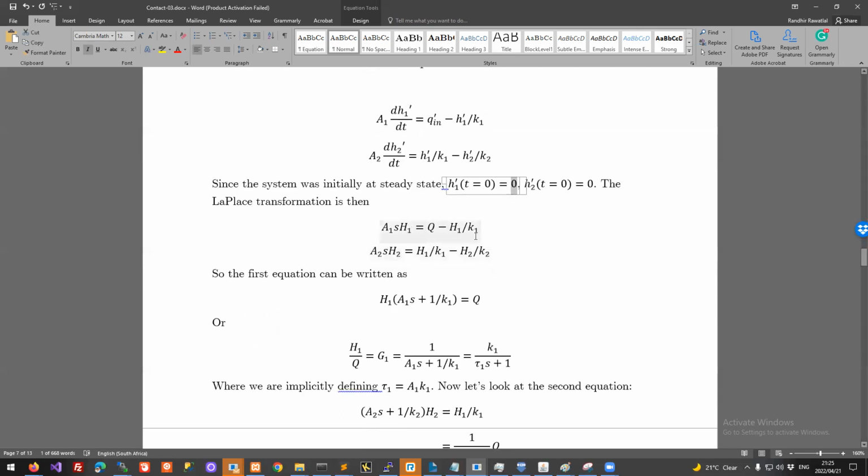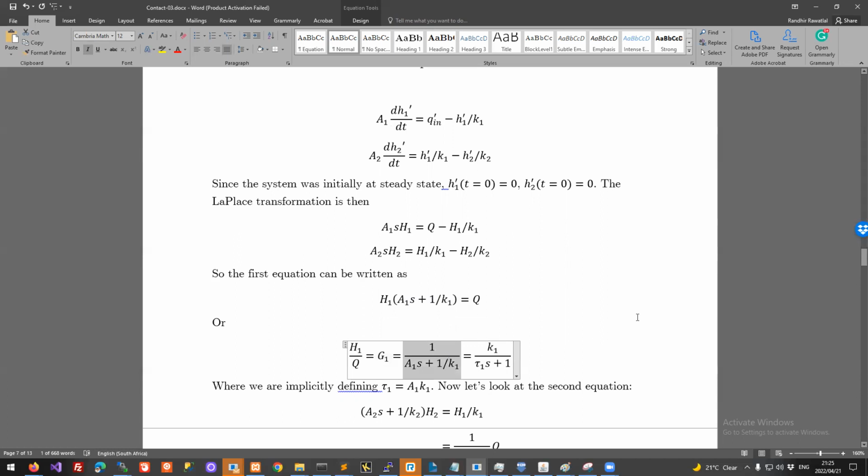So now from the first equation, we can group out an h1, right? You've got h1 here, you've got h1 here, and you've got the q there. So you can relate h1 to q. So you can define your transfer function on the first tank as G1. So we have h1 divided by q, and just using this equation, h1 divided by q is 1 over this stuff.